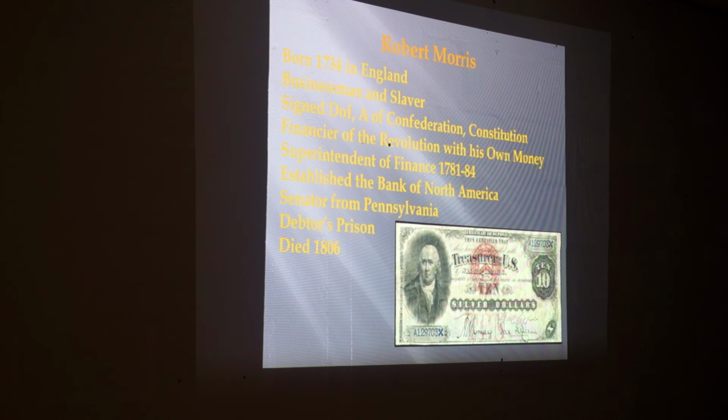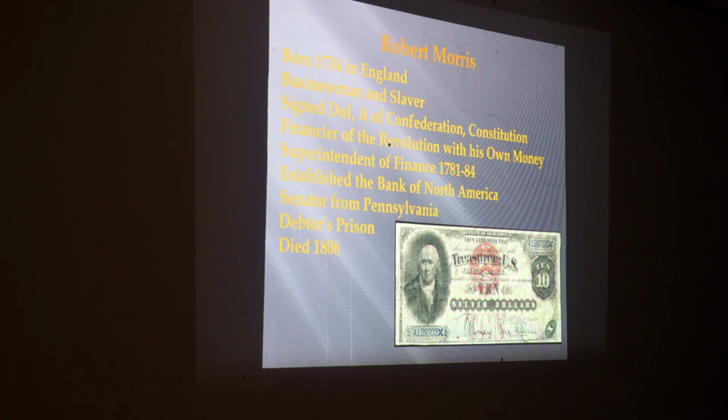After the war was won, he became the superintendent of finance. It was said to be the second most powerful man in the new country, next to George Washington. He established the Bank of North America, which was the first overarching organization to govern finance and commerce, finance and coinage.